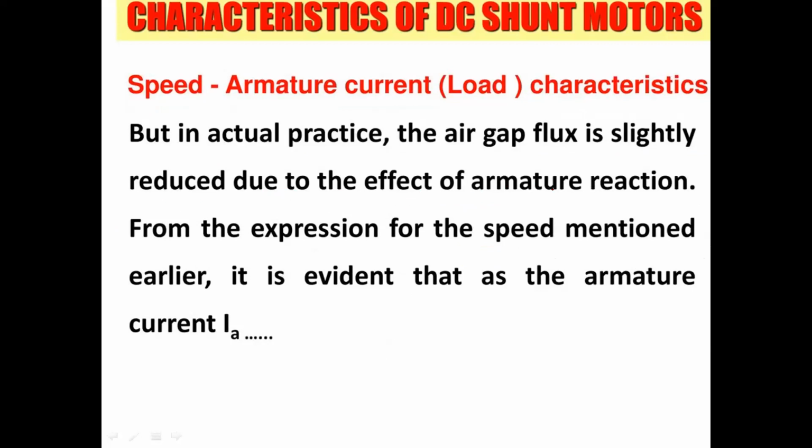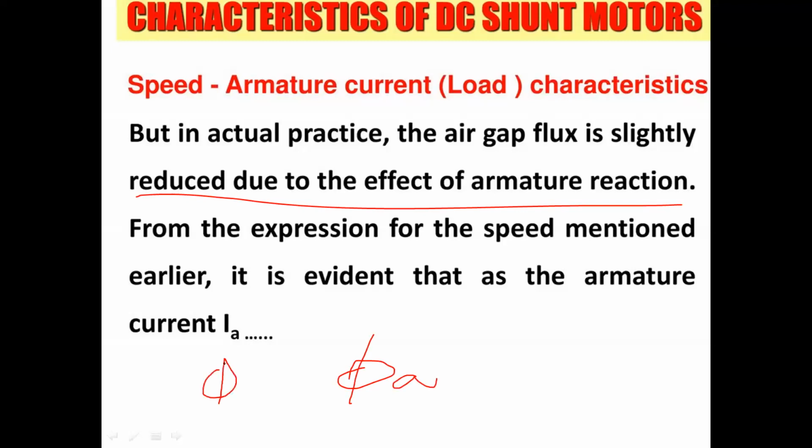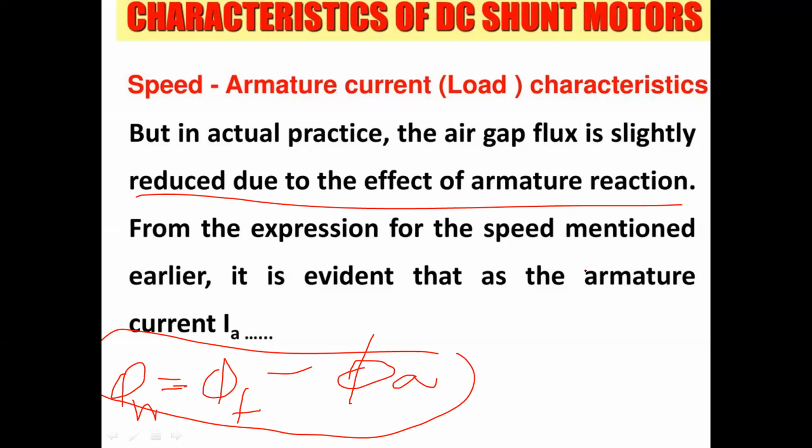But as armature current increases, the armature reaction effect increases. That means the armature flux increases by some value, and this flux is opposite to the field flux. So the net flux changes: net flux equals phi F minus phi A. Because of armature reaction, the net flux decreases.